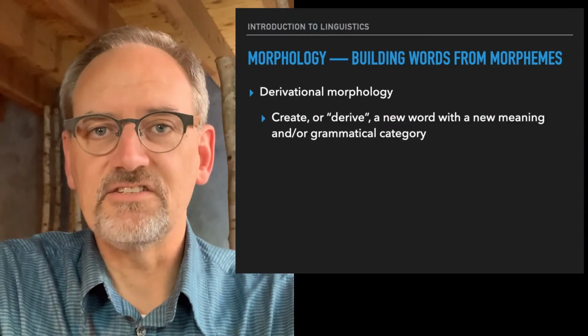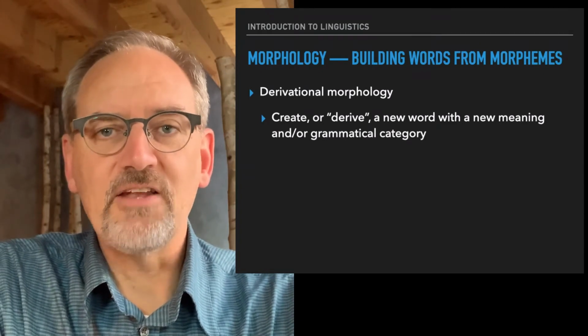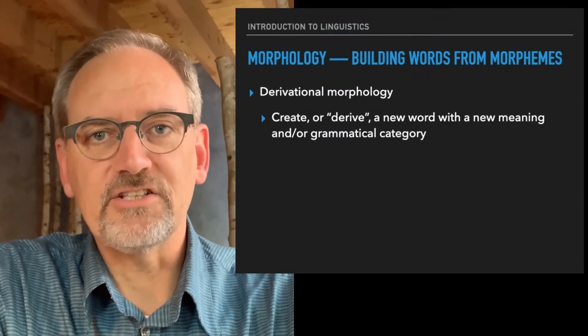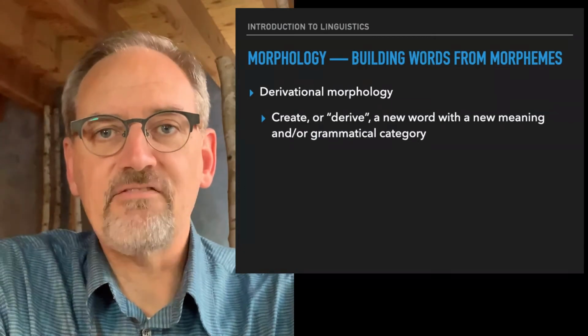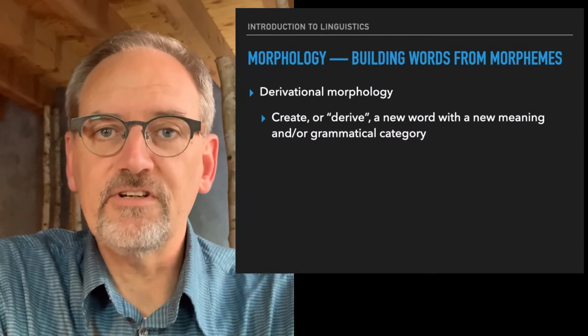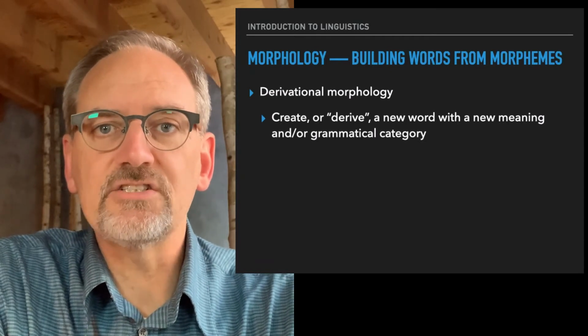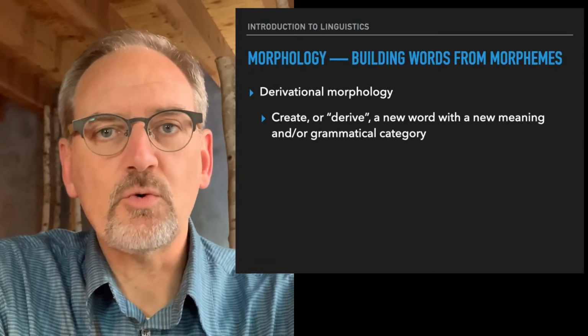Right? And that's derivational morphology. And one characteristic of derivational morphology is that it creates new words that have their own meaning and often, maybe usually, change the grammatical category. Not quite always.